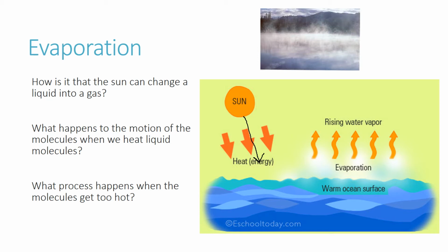And then our liquid becomes a gas and turns into water vapor and will begin to rise back up into the atmosphere. So if we will click on that link, and then we will answer the questions here on the screen.